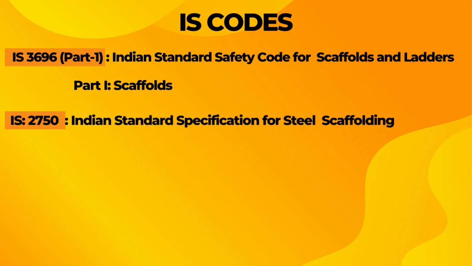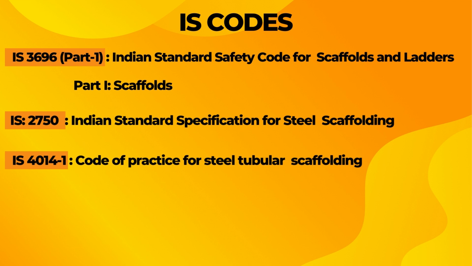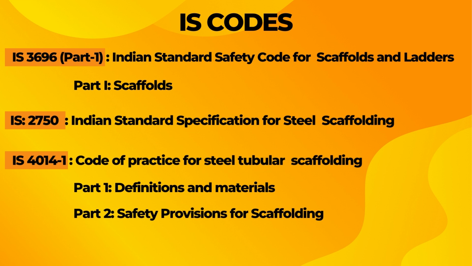Then IS 2750, Indian Standard Specification for Steel Scaffolding. IS 4014, it is Code of Practice for Steel Tubular Scaffolding, and its part 1 contains the definitions and materials, and part 2 contains the safety provisions for scaffolding.